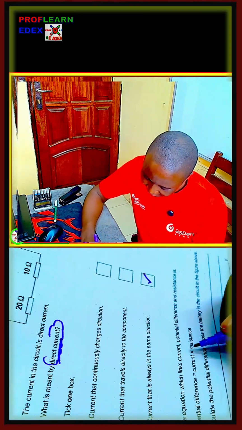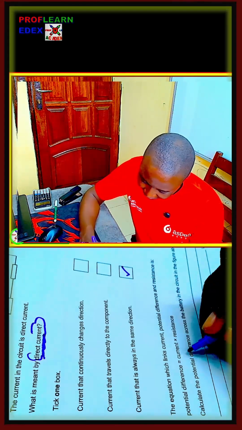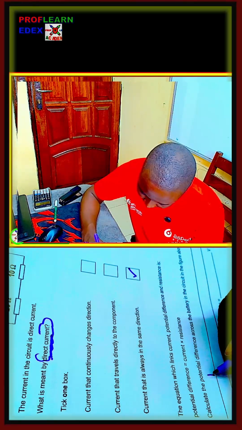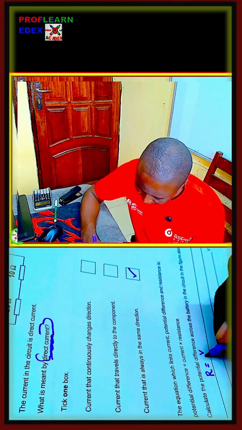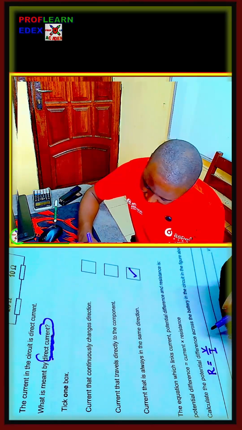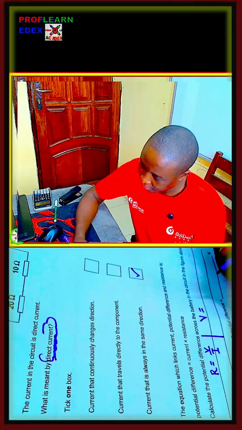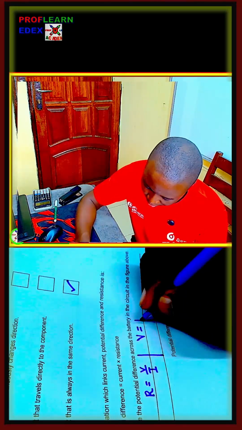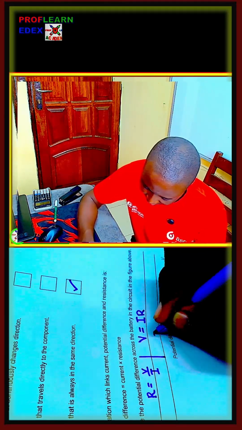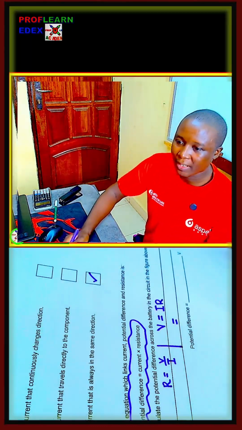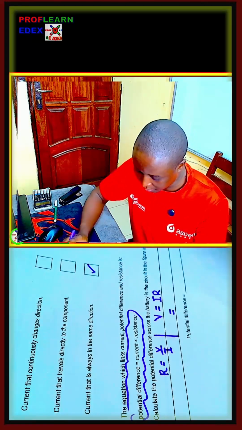The equation which links current, potential difference and resistance is this. Calculate the potential difference. We know that resistance is equal to voltage over current. From this equation, potential difference, voltage, is equal to current times resistance. We have been given that equation, but you can rearrange it if you are given different questions.